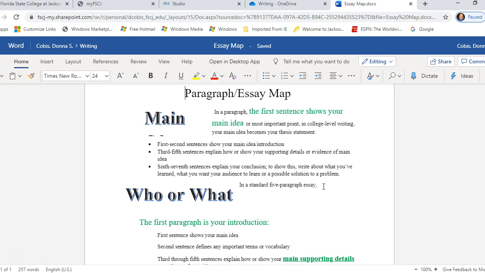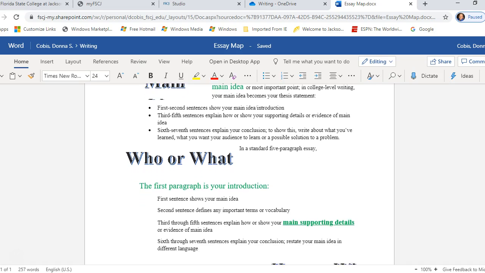In other words, you want to state directly what your point is and how you want to persuade your reader. The other main idea to keep in mind is that you want to connect your ideas, your support, and your conclusion to your main idea.